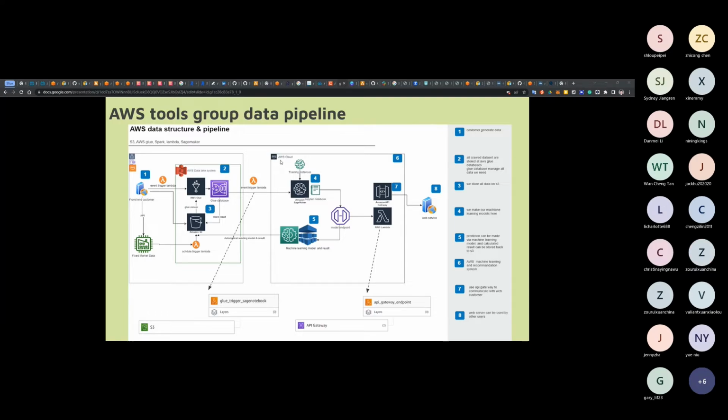And in the AWS cloud, there are also some tools that we use to generate our machine learning model. The most important one is Amazon SageMaker. You can see on number 4, Amazon SageMaker uses the Amazon training instance to calculate, and the instance we used was ml.m4.large.